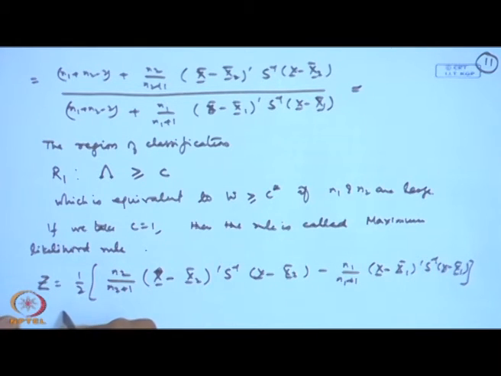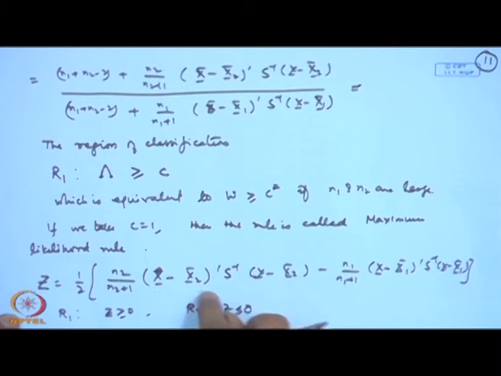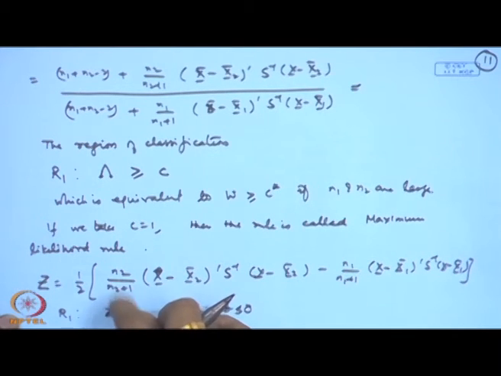Then basically the rule is: R1 region is z greater than 0 and R2 if z is less than 0. So, basically we can think of this as a distance. This is the estimated distance of x from pi 1 and this is the distance from pi 2. So, you are saying if the distance from pi 2 is more than the distance from pi 1, then you put it into the first one, that is pi 1, and if the distance is more, into the other.